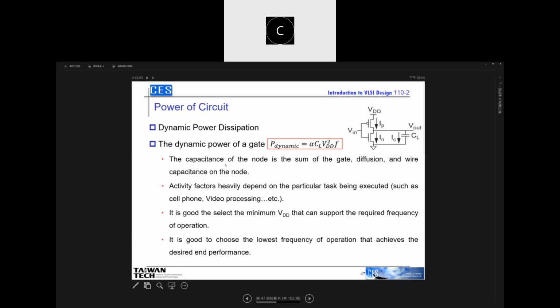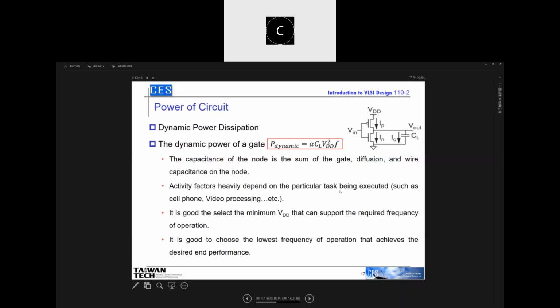First of all, CL is the capacitance of the node, so it is related to the manufacturing process of the node and how you implement this circuit. Secondly, the activity factor alpha heavily depends on the particular task being executed, for example cell phone video processing, multiplication or division, addition, or subtraction.